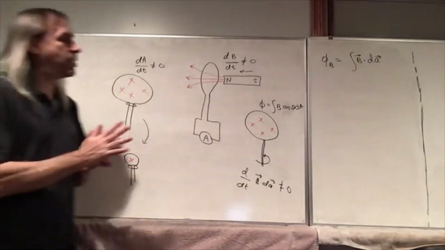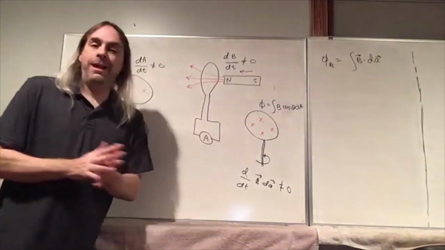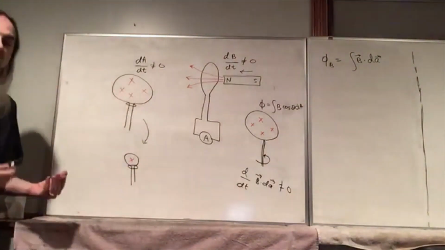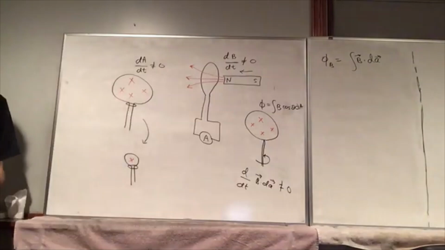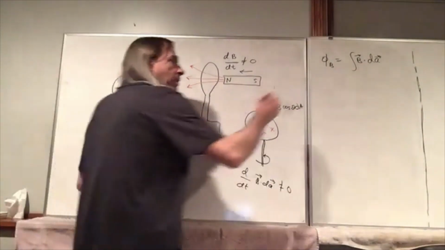Now, if there's a current, there has to be an EMF in the coil that's driving the current. And so we're finally at a point where we can write down at least one version of Faraday's law.